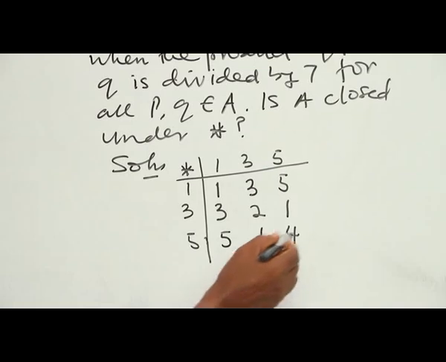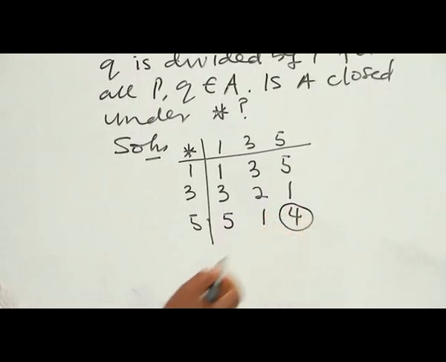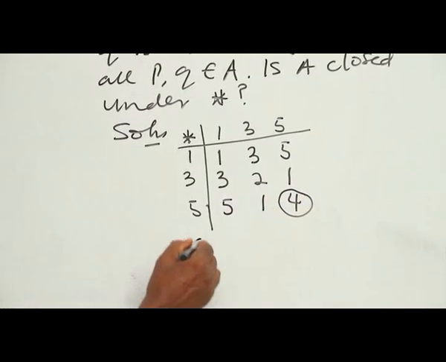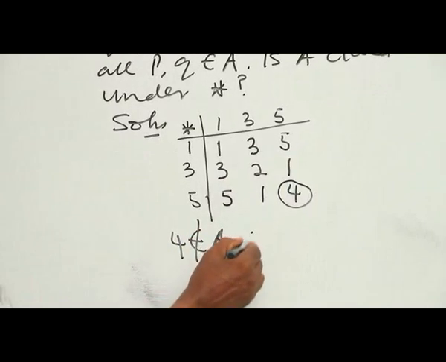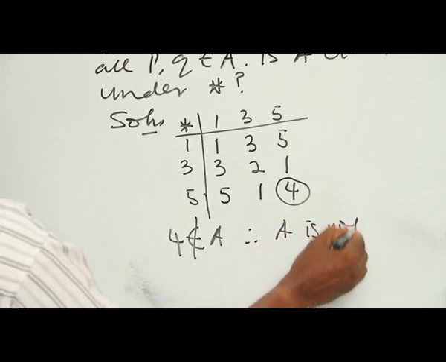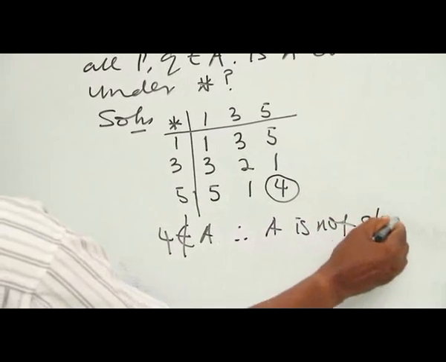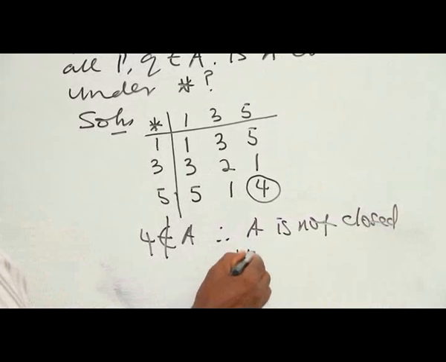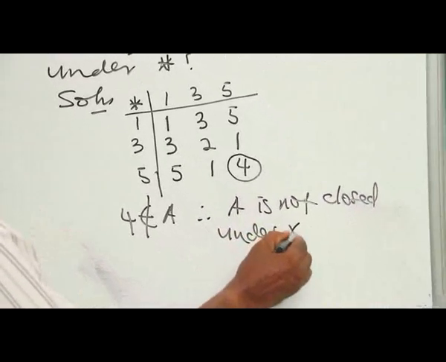As you can see, the element 4 is not a member of A. Therefore, A is not closed under the operation star.